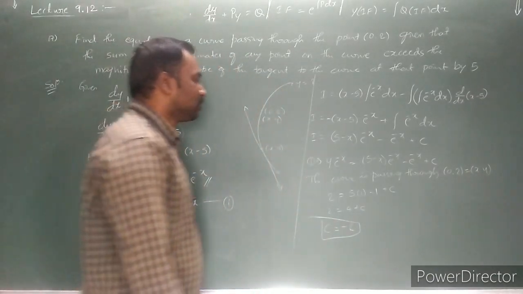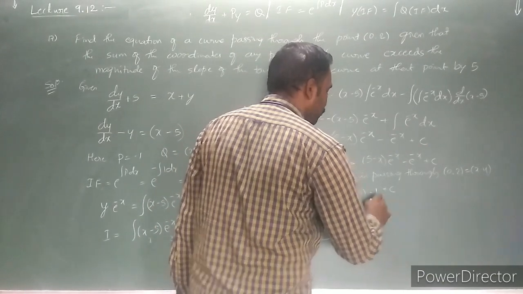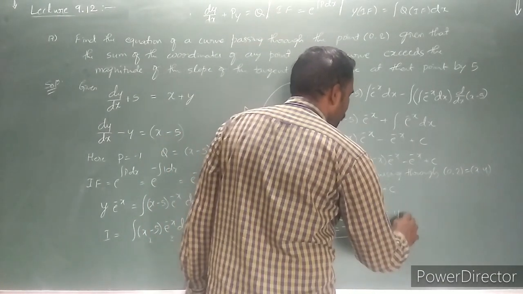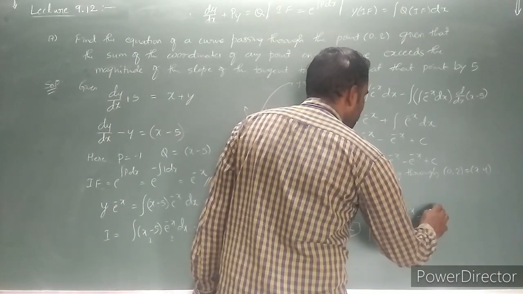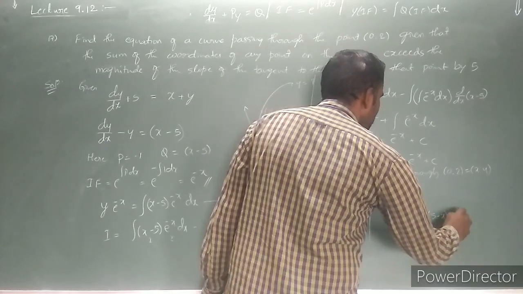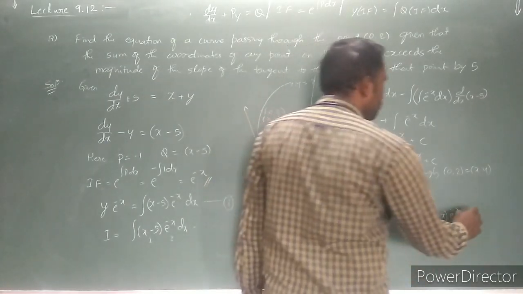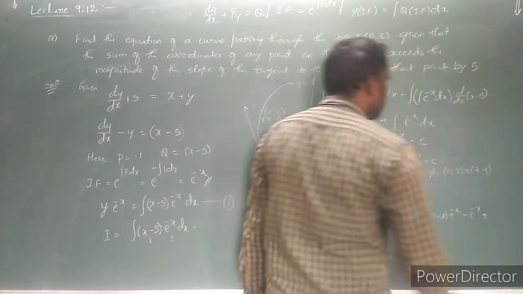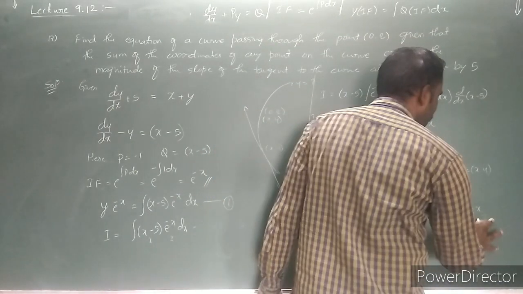C is minus 2, therefore the required solution is y into e power minus x is equal to (5 minus x) into e power minus x minus e power minus x plus c value, which is minus 2.